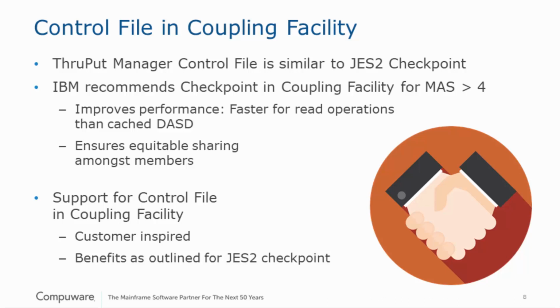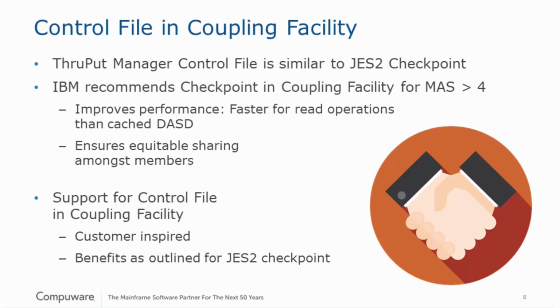They recommend that you do it if you're in a multi-access spool with greater than 4 members. The advantage is that you get faster read operations than if you were reading from DASD. The other advantage is a more equitable sharing of access to the checkpoint amongst members.